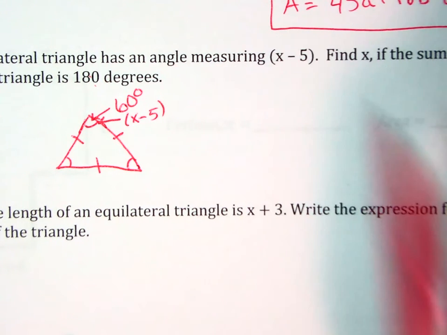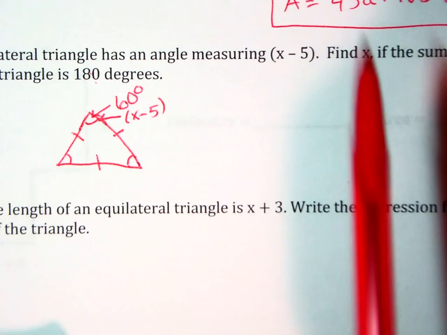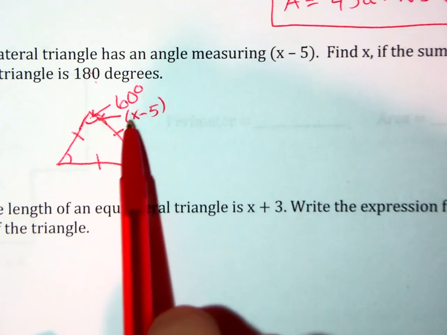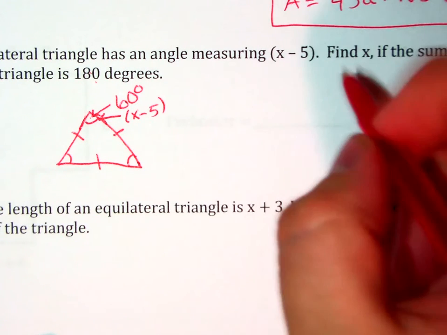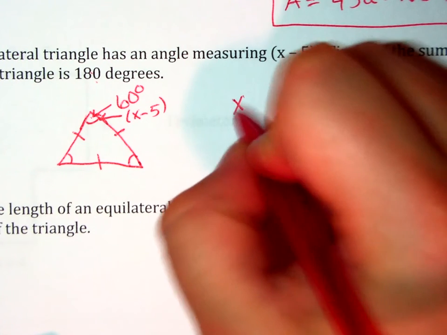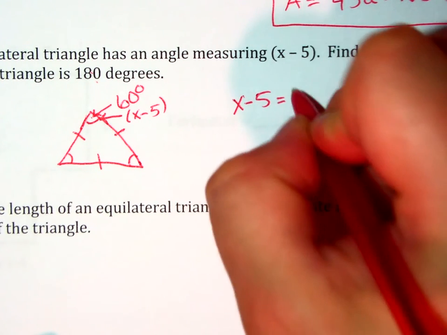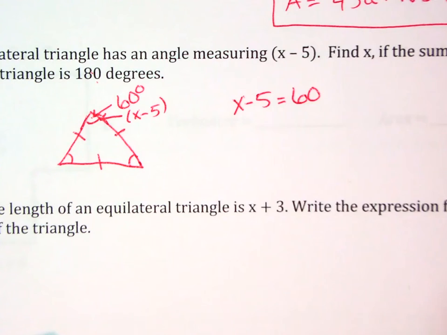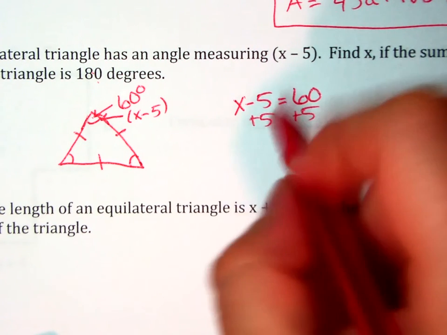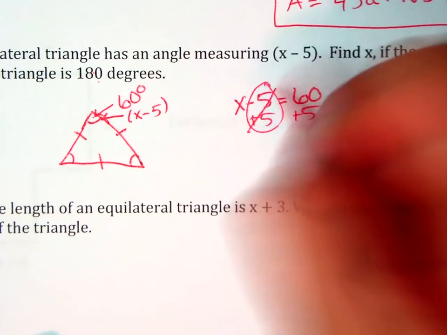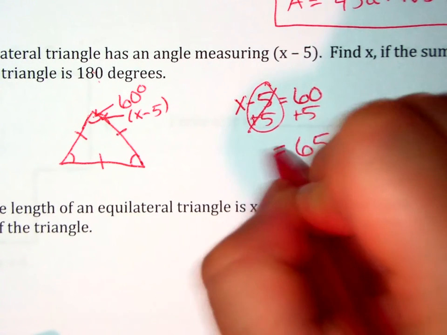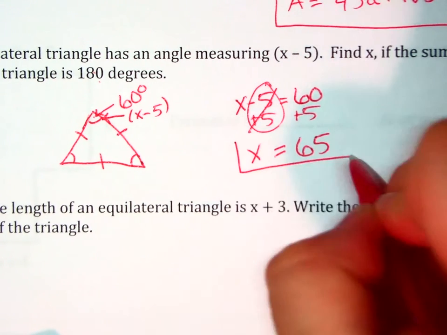Well, since I have 2 pieces of information that are equally valid, the angle is 60 degrees and the angle is x minus 5 degrees, I can set those 2 expressions equal to each other. x minus 5 is equal to 60 degrees. Add 5 to both sides. Negative 5 plus 5 is 0. 60 plus 5 is 65, which is equal to the value of x.